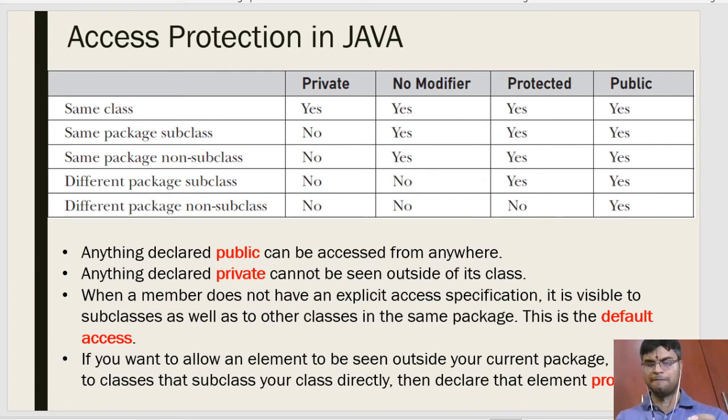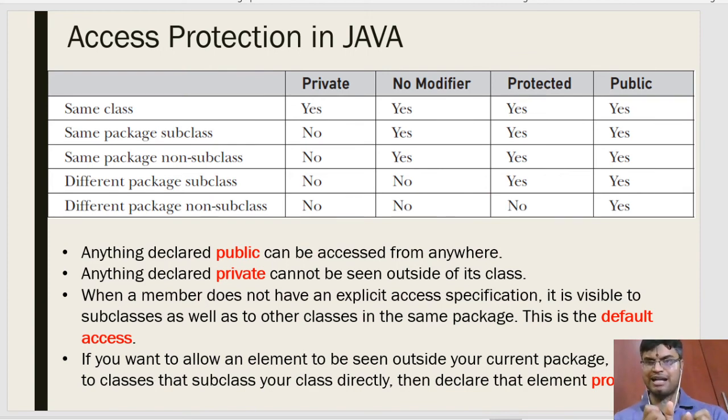Different package, okay? Remember, I just now went through packages. You can create a package called week 1, week 2, and so on. So if in week 1, in a particular class, I have declared a function as protected, okay?